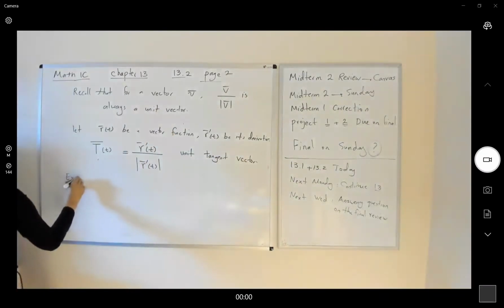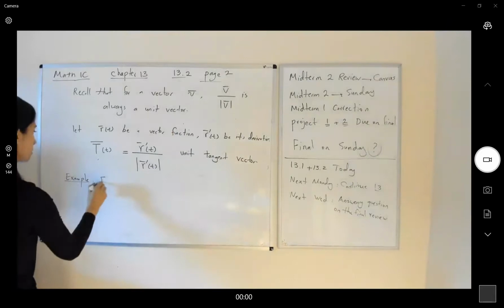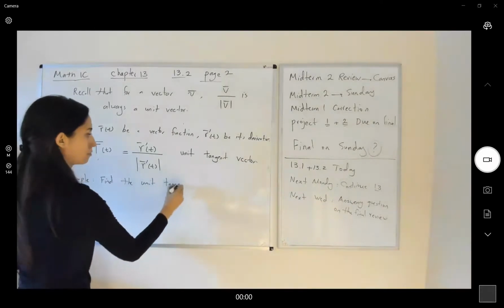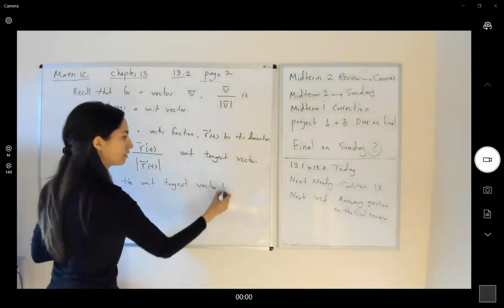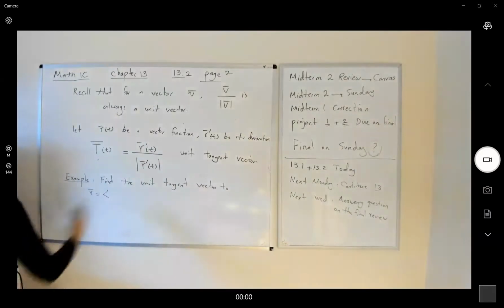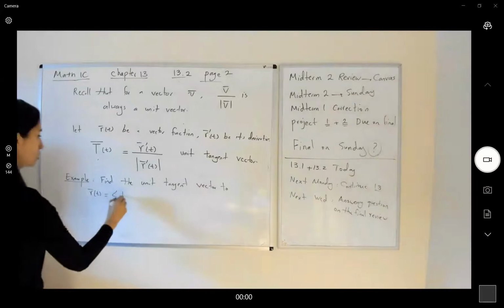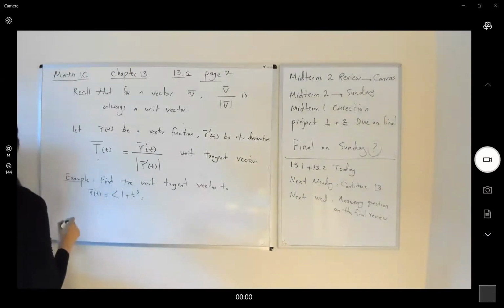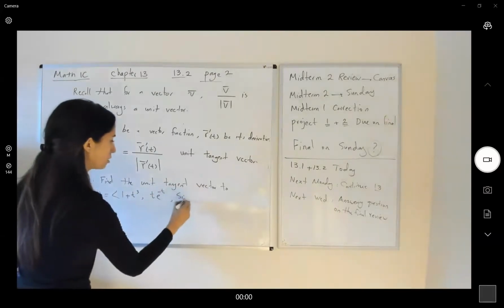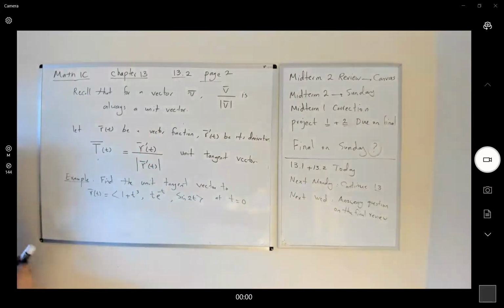Example: the question says, find the unit tangent vector to your vector function defined as r(t) equals 1 + t cubed, comma, t e^(-t), comma, sine 2t, at t equal to 0.